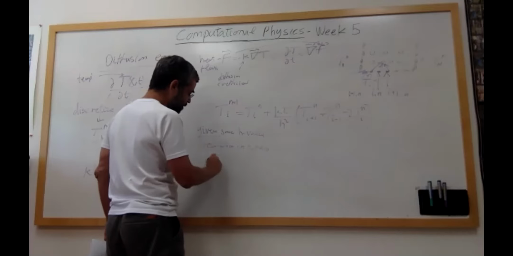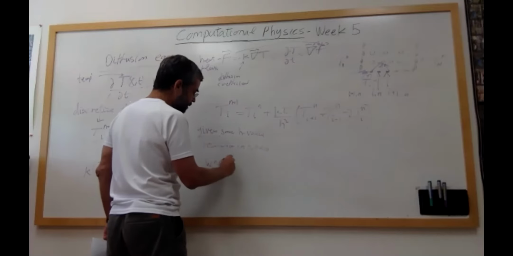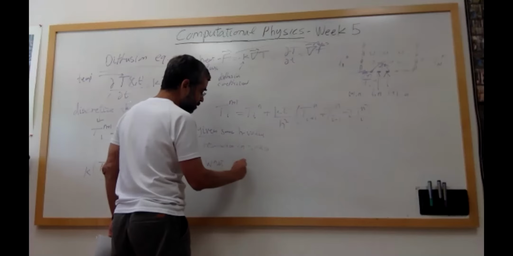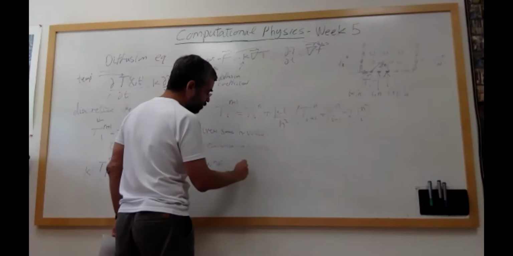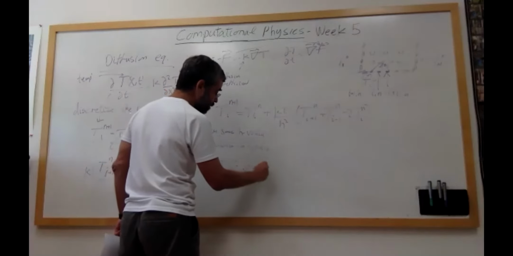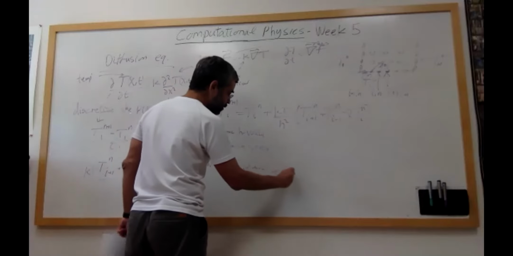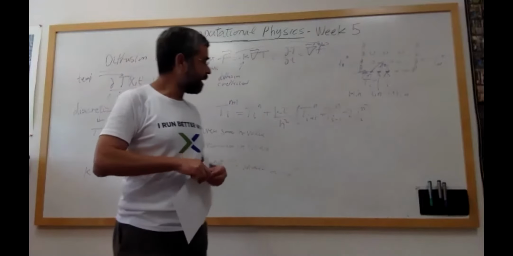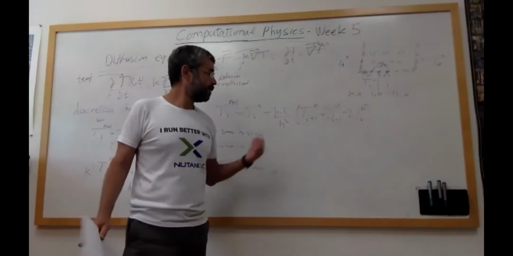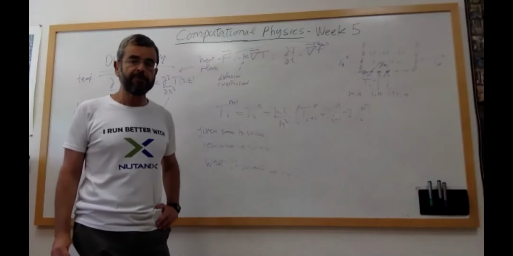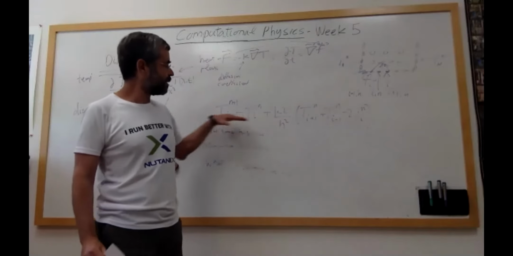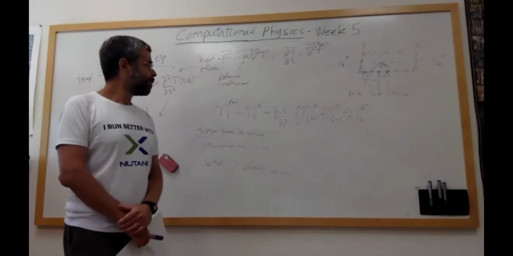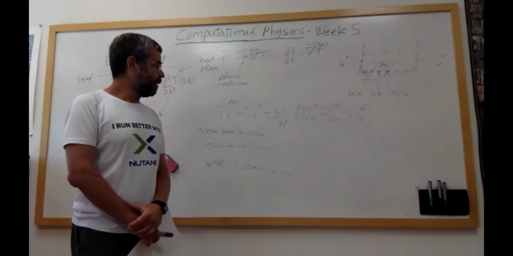So what tau, or resolution in time, should we use? Can we use any time resolution, or is there some condition on the time resolution? Look at this equation. Maybe tau and h squared should be of the same order, perhaps?